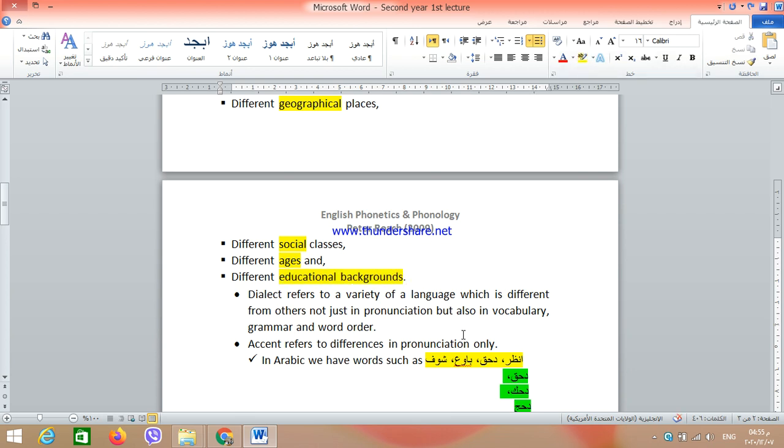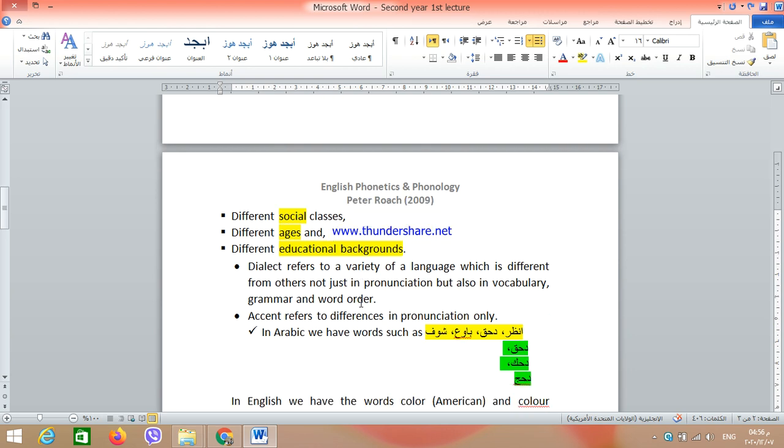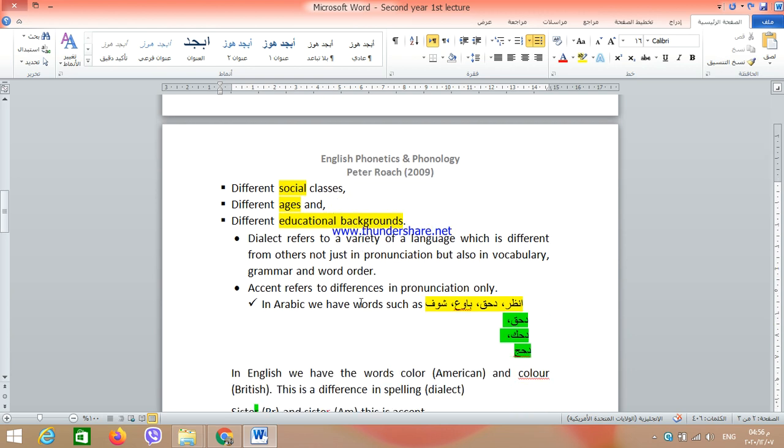So some people have different accents because they belong to different places, or different classes, or different generations, or different educational backgrounds. That's why they have different accents.